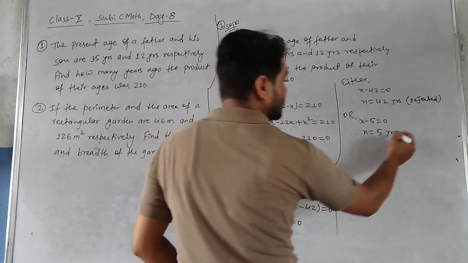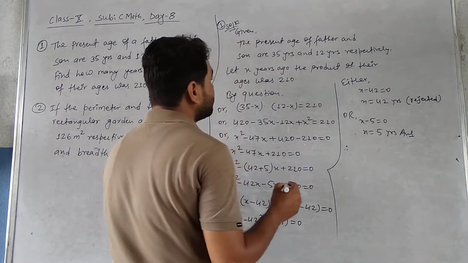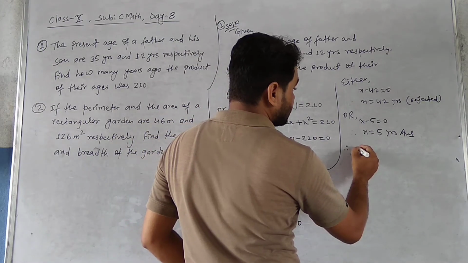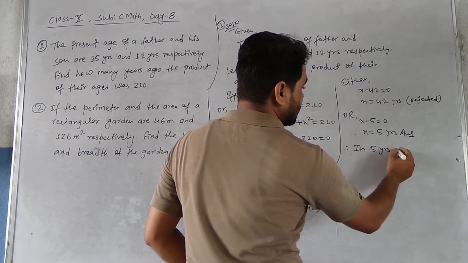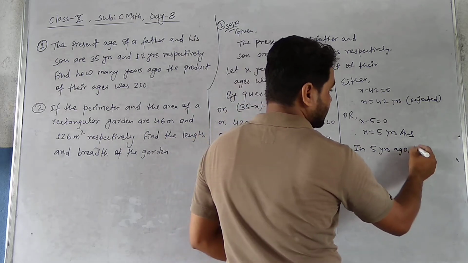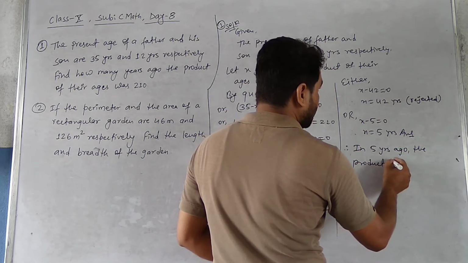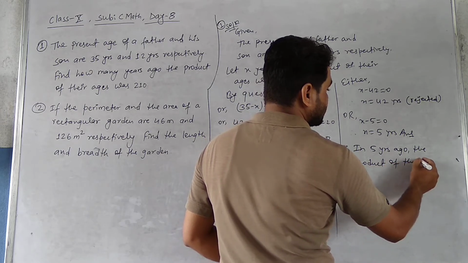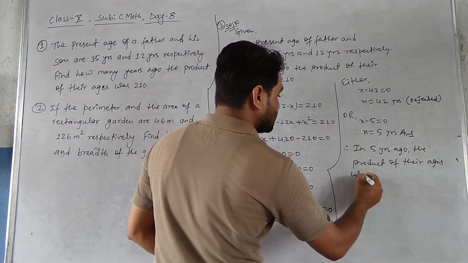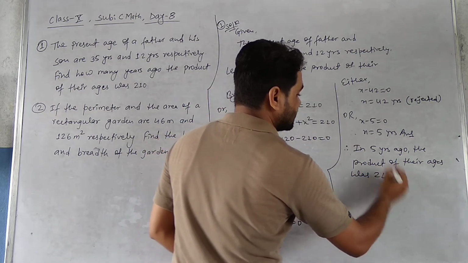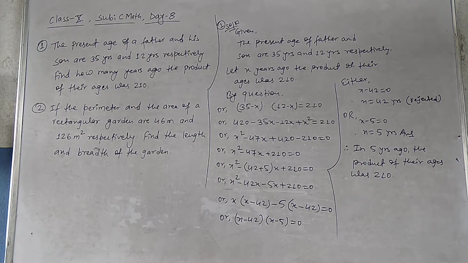So therefore, this is the answer, and lastly we have to write: therefore 5 years ago the product of their ages was 210. This is the required answer for question number first.